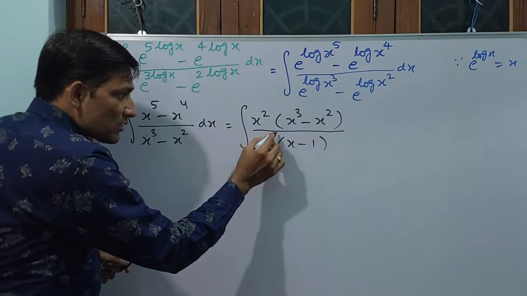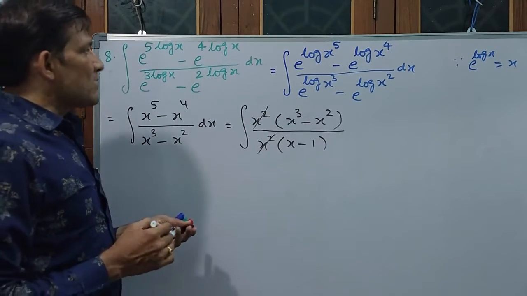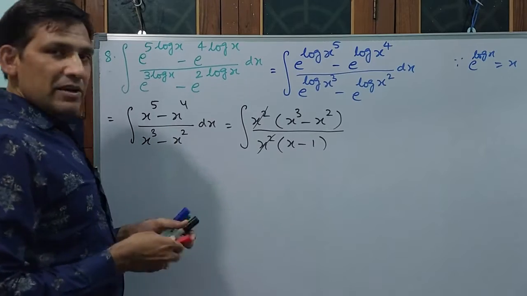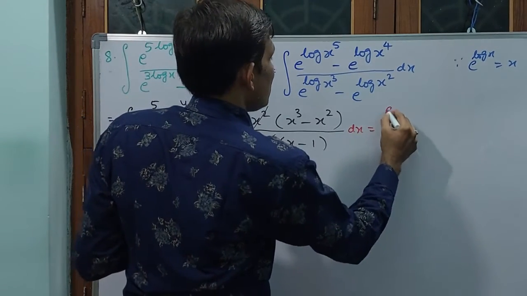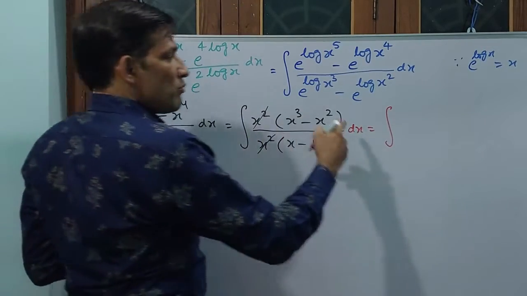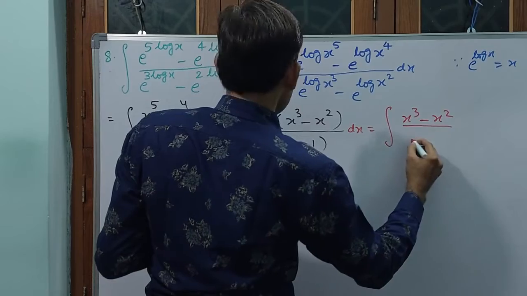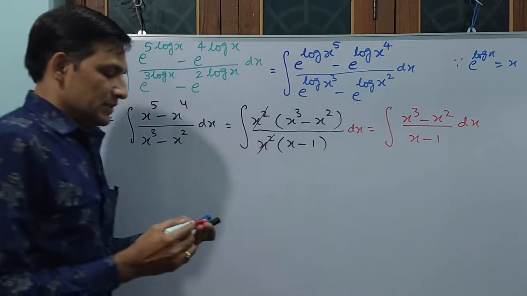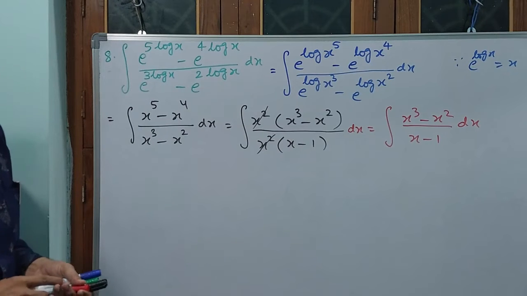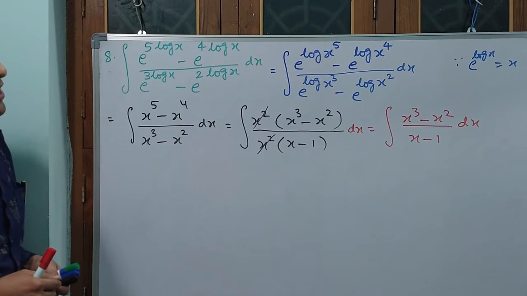Now you cancel out x square. If you cancel out x square, what will this be? See, dx also you have to write. This will be like this: x cube minus x square divided by x minus 1 dx. Is it okay? Now see, in the numerator x cube minus x square also, shall I take x square as common?